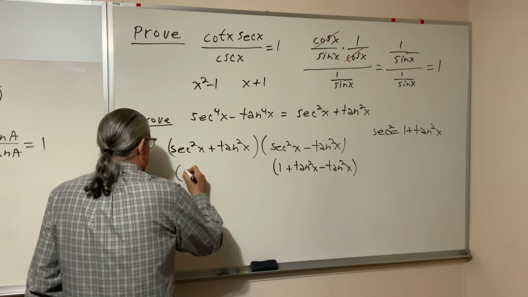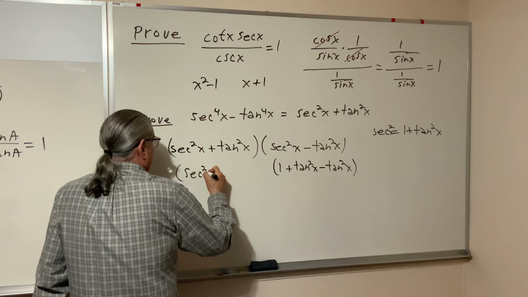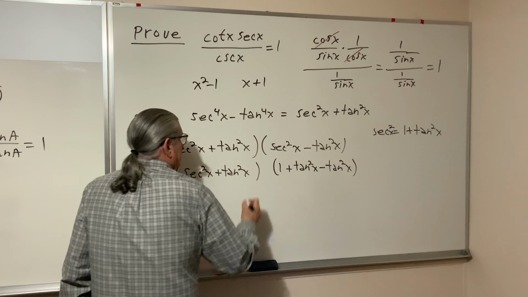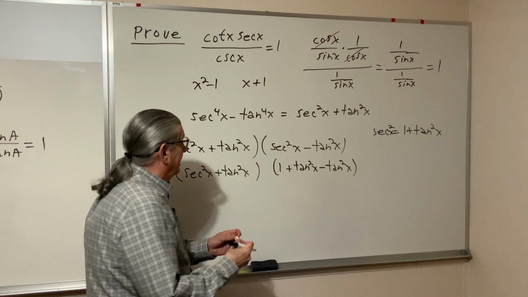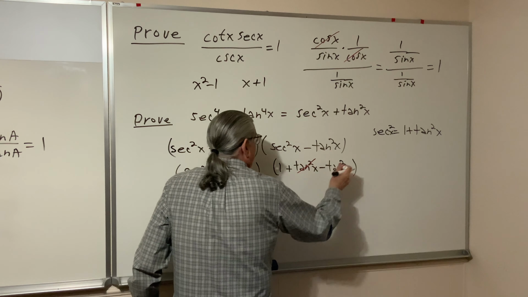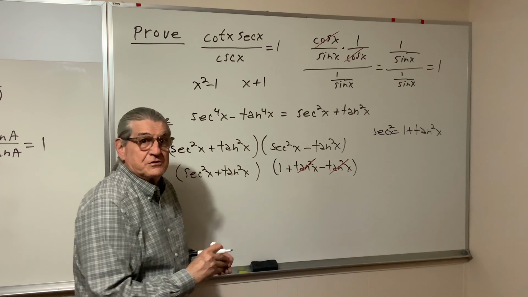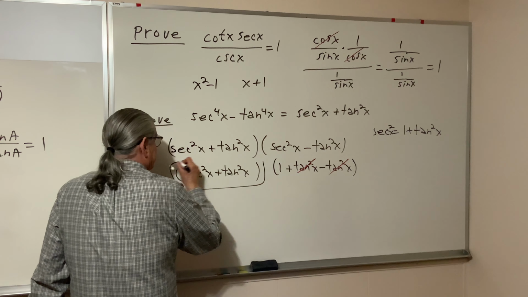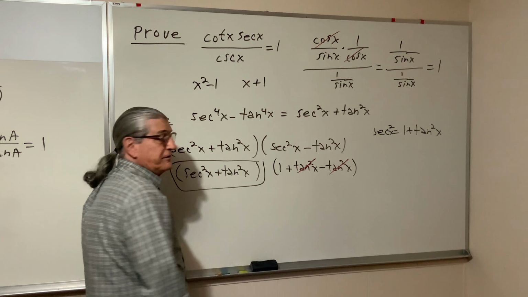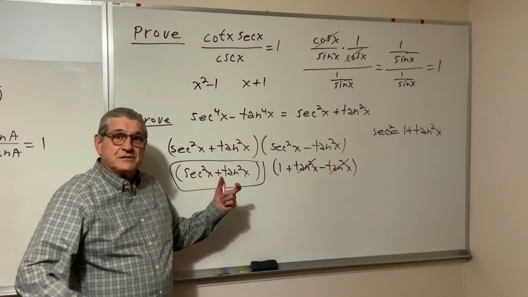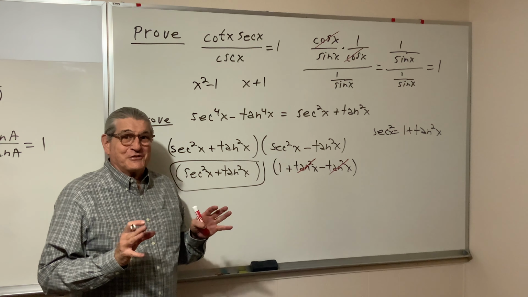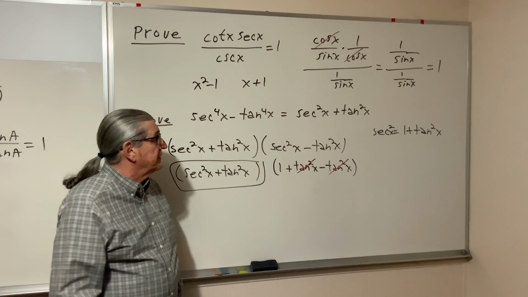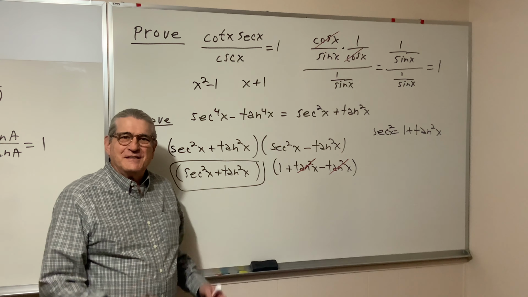And we have over here the secant squared x plus the tangent squared x. And look at how nice this is. The tangent squared minus the tangent squared is 1. 1 times this is just what we're trying to prove here. So we proved it. Again, I don't want to make this look too simple. This takes some thinking and takes some practice to get good at this. All right, we'll see you in the next video.